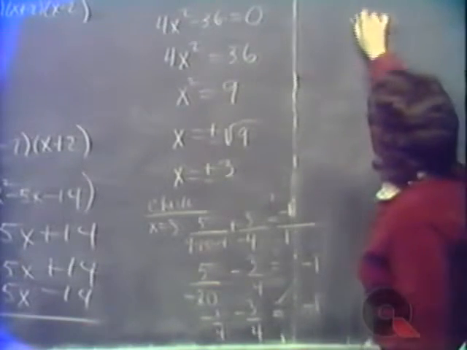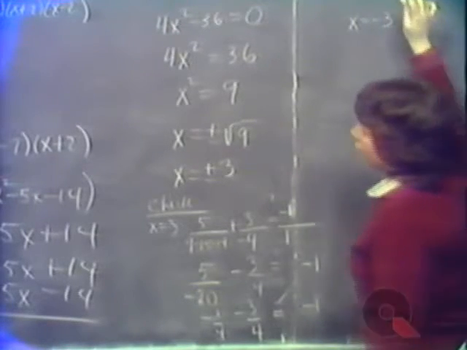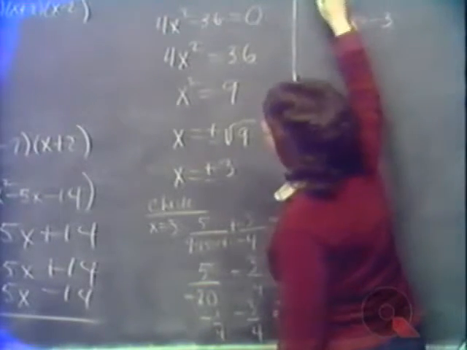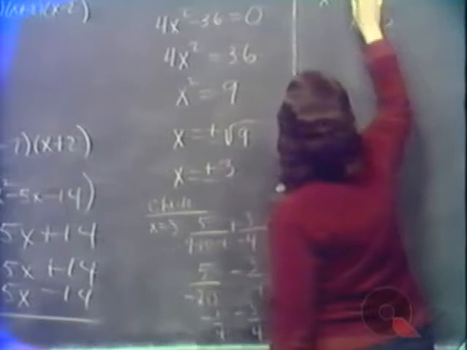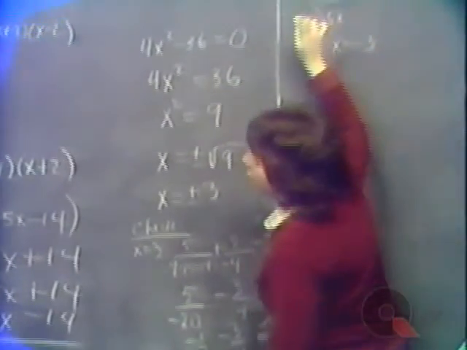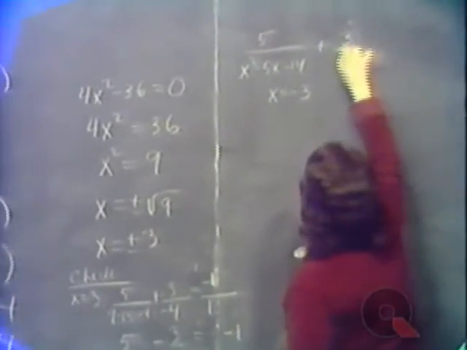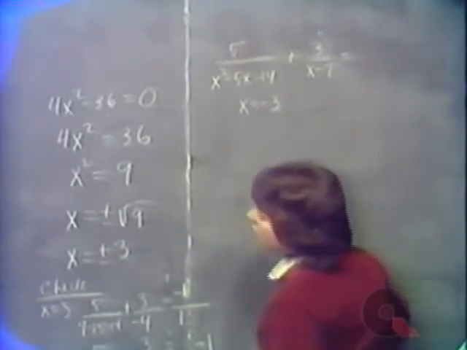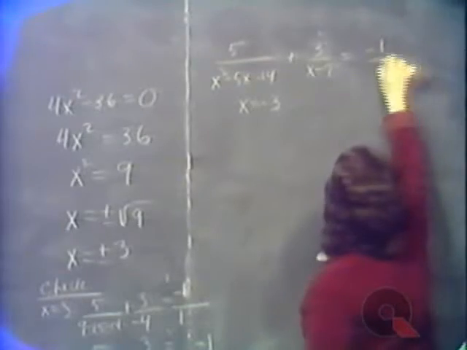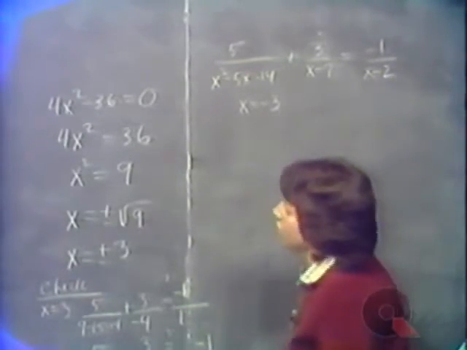Now the other one, x equals minus 3, just write the equation again. 5 over x squared minus 5x minus 14 plus 3 over x minus 7 equals minus 1 over x minus 2.